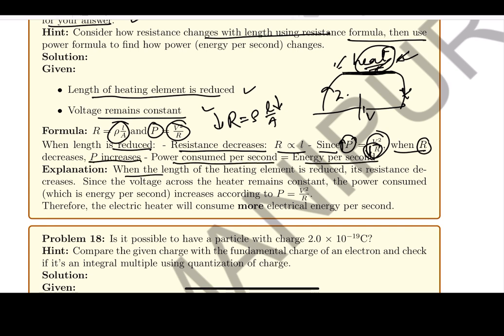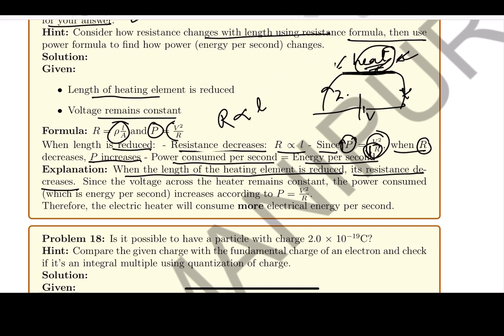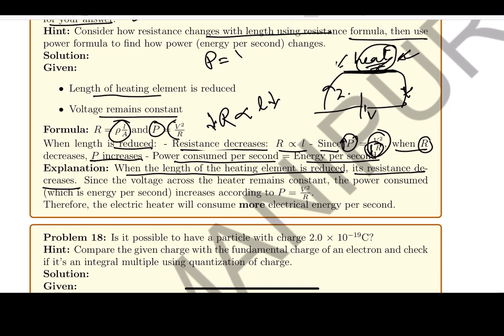Look, when the length of the heating element is reduced, its resistance decreases. I'm sorry, resistance is proportional to L. R is proportional to L. So if length is reduced, resistance is also reduced, and power is equal to V square by R. That is, if resistance is reduced, then power will increase.